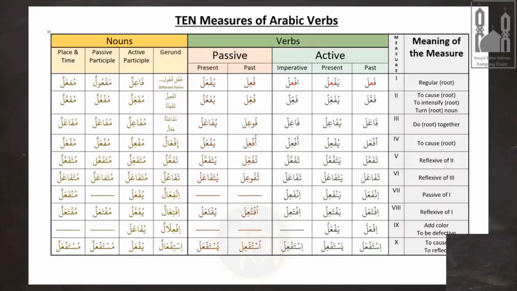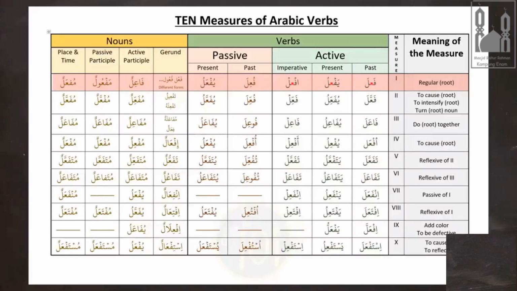Now, it is important to know that this table is quite regular, meaning that all verbs of all forms follow these patterns all the time, with exception of the first form. This form is a bit problematic since it has many variations of its own.